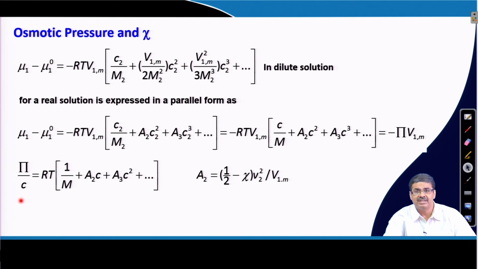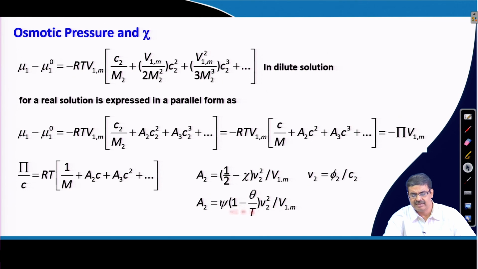When we discuss determination of polymer molecular weight after 2 lectures, we will recall this equation and show how osmotic pressure measurement can be used to determine the molecular weight of a polymer sample. And V2 is the volume of the polymer, which can be expressed as volume fraction by concentration. So, we can use this term.